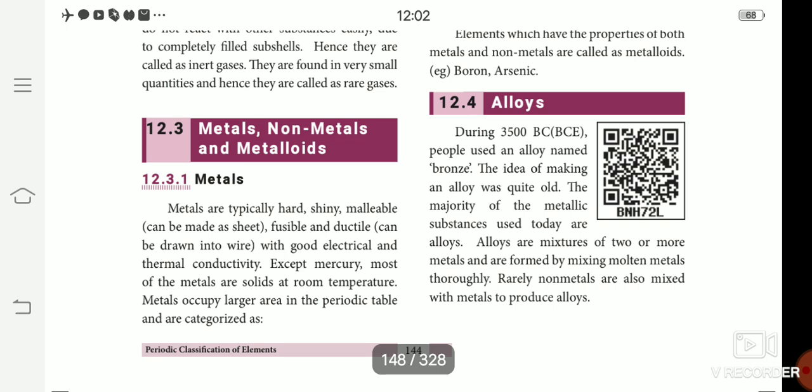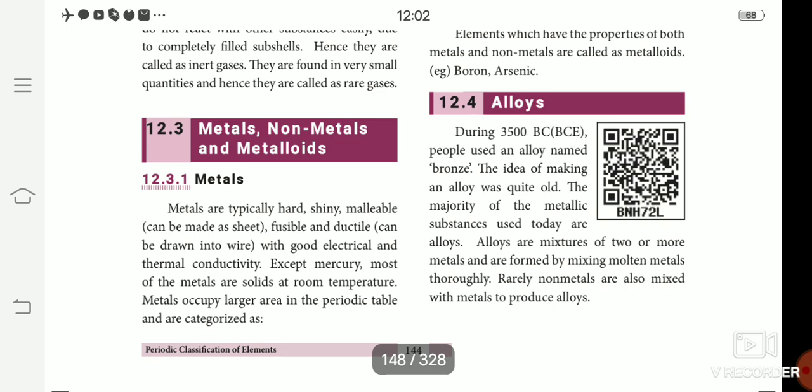In 3500 BC, people used an alloy named bronze. Bronze is a mixture of two metals, copper (Cu) and tin (Sn), mixed in the molten stage.